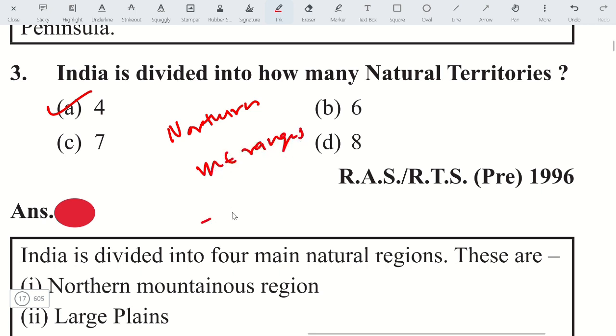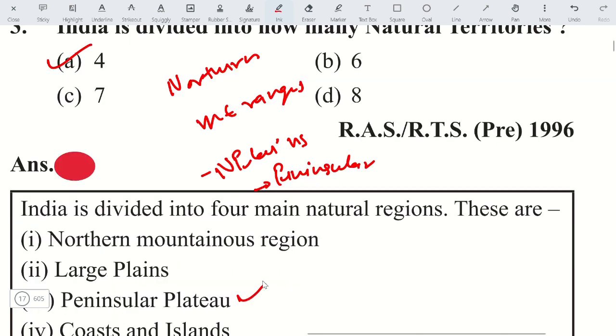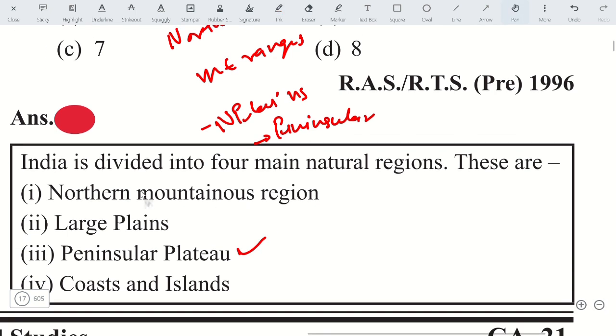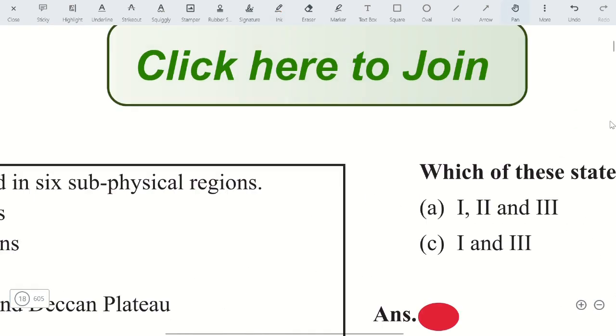Second is the northern plains. Then the peninsular plateau, and coastal areas and islands. So these are the 4 parts: northern mountain regions, large plains, peninsular plateau, and coastal areas and islands.